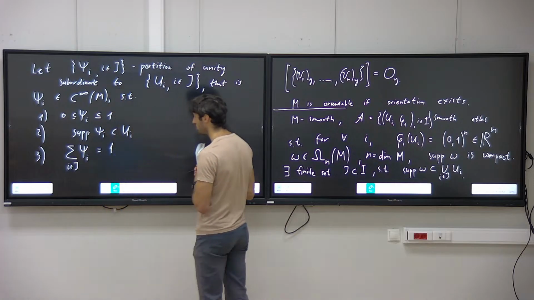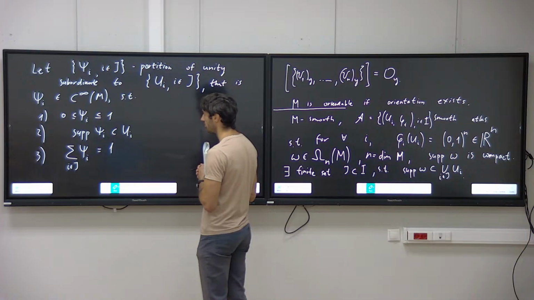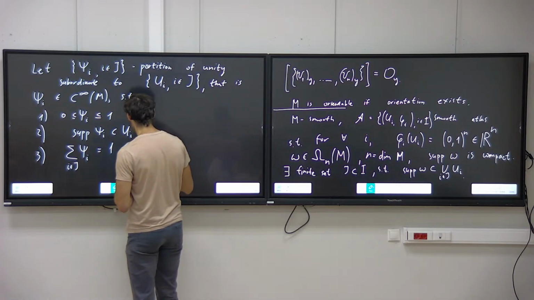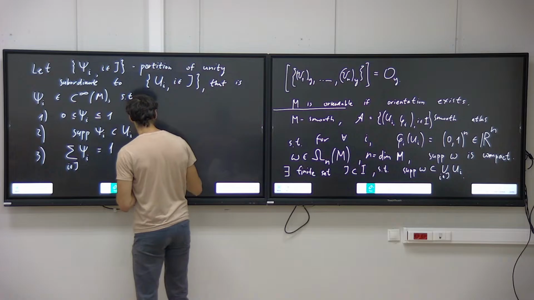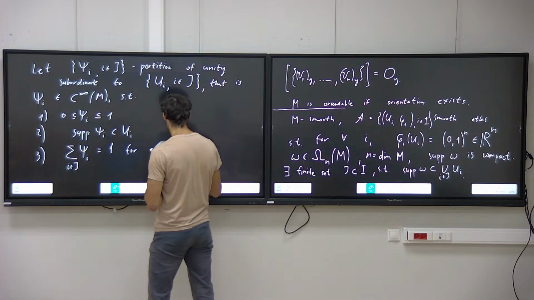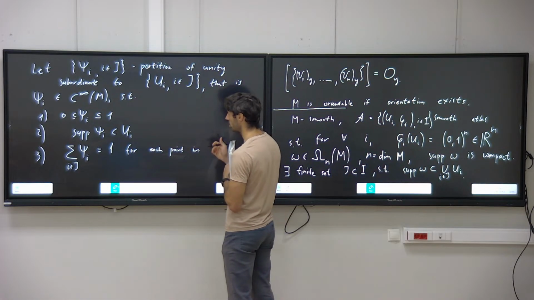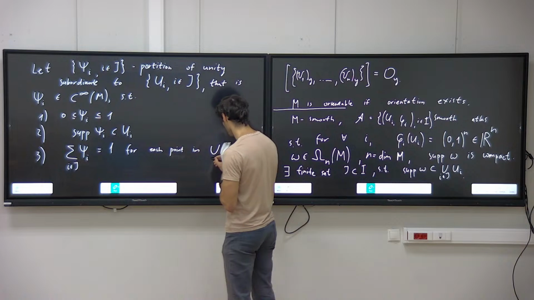And this is for each point in the cover, the union over I in J of U I.